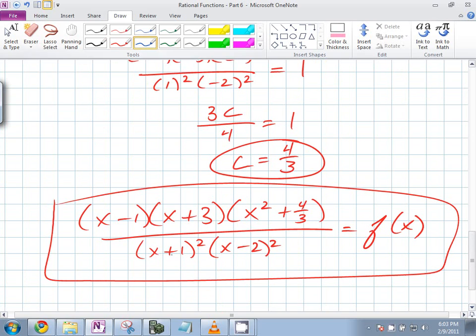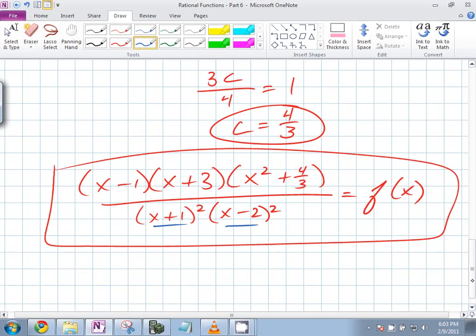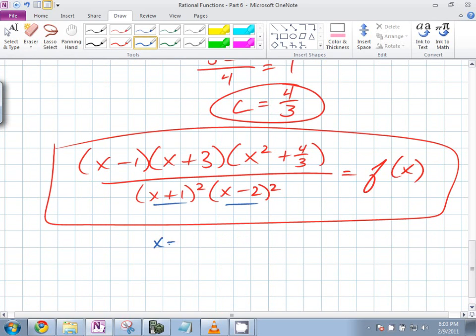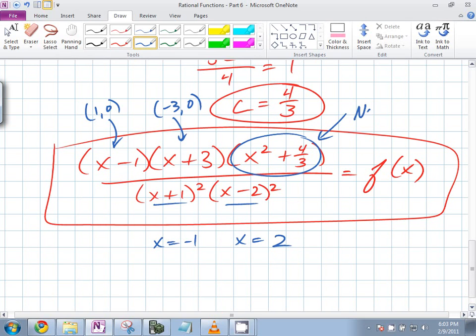These two tell us that we have vertical asymptotes at x equals -1 and x equals 2. This tells us we have an x-intercept at 1, 0, and this tells us we have an x-intercept at -3, 0.